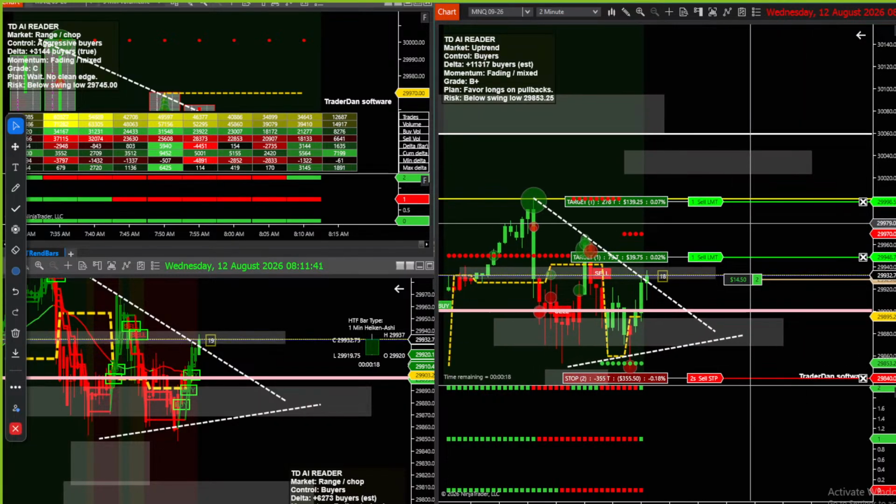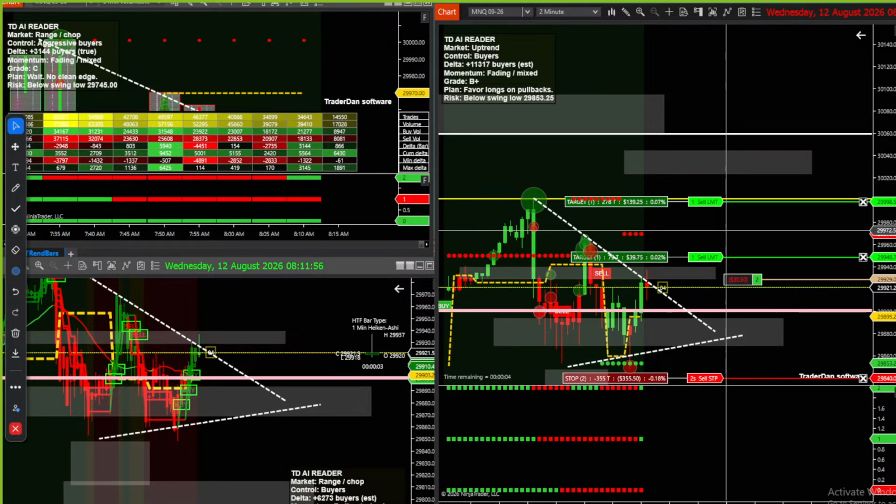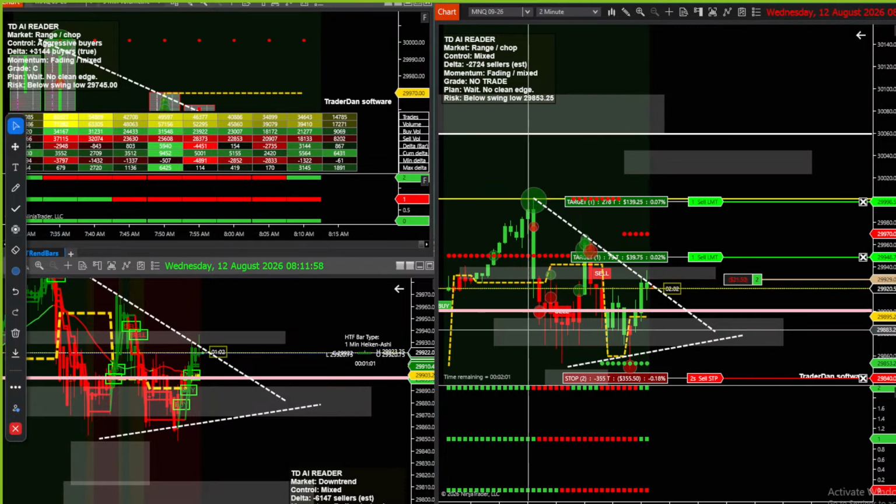We're going to hit this trend line liquidity and stop. 877 buyers. Are we putting in a bottom wick on the 5 or top wick on the 5?